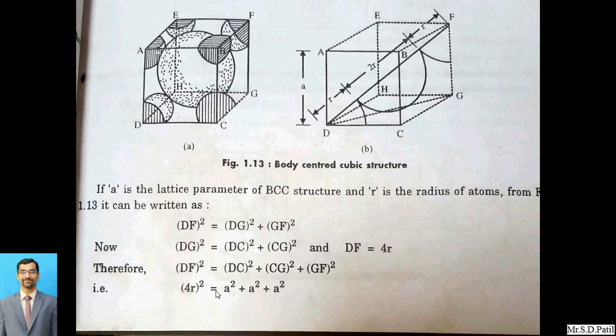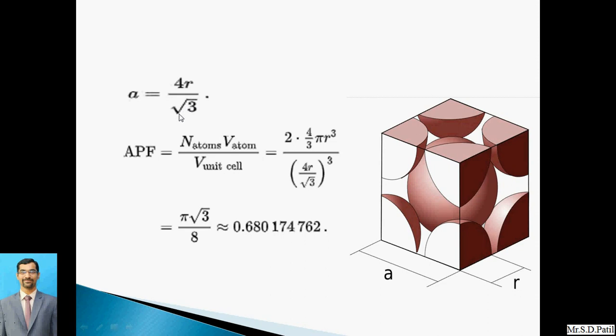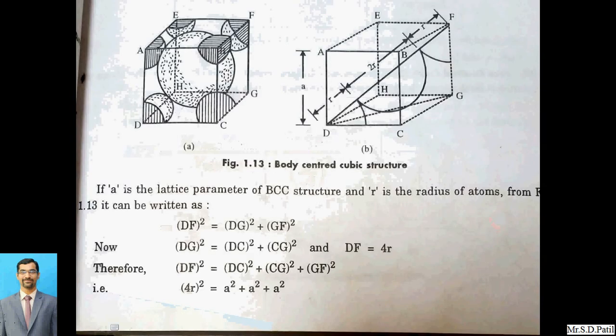After calculating, we get 3a square is equal to 4r whole square, that is 16r square. So a square is 4r square divided by 3, and by taking the square root of this, we get a is equal to 4r divided by root 3.